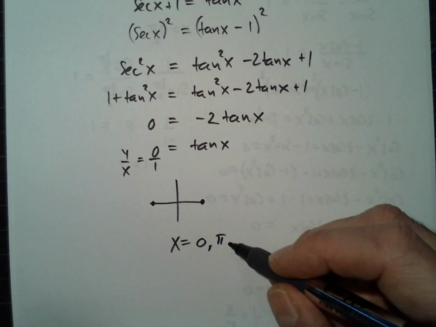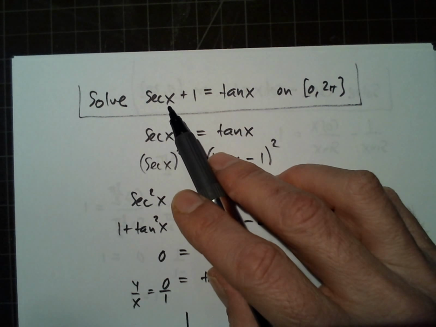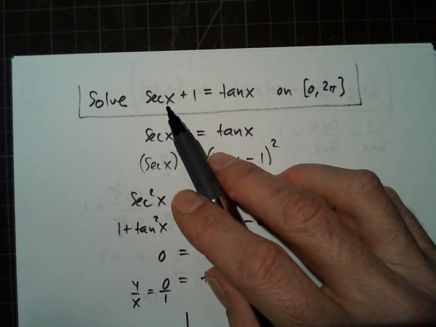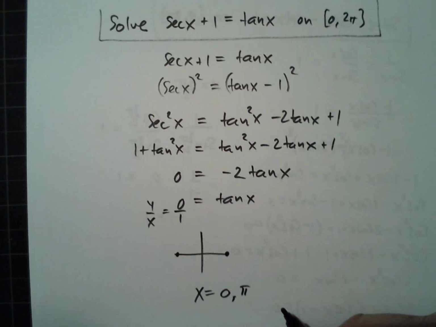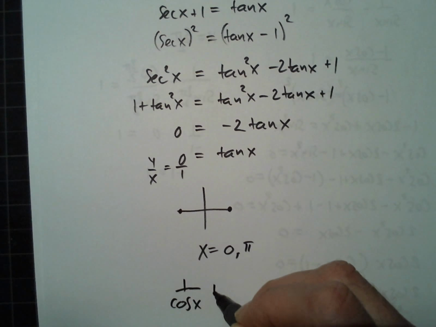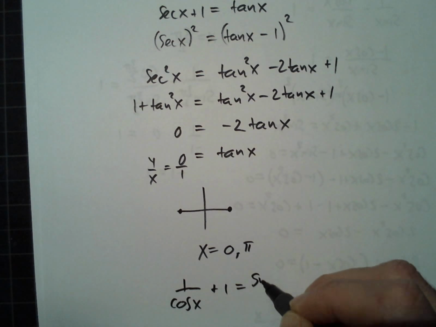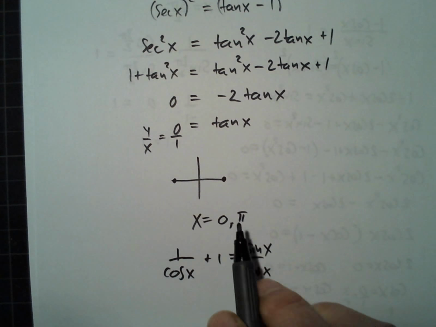And then let's check these values. 0. This is 1 over cosine. Cosine of 0 is 1. So if we're checking, let's check with this: 1 over cosine x plus 1 equals sine over cosine. So let's check 0.